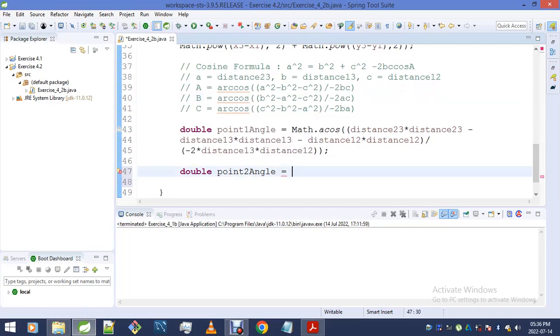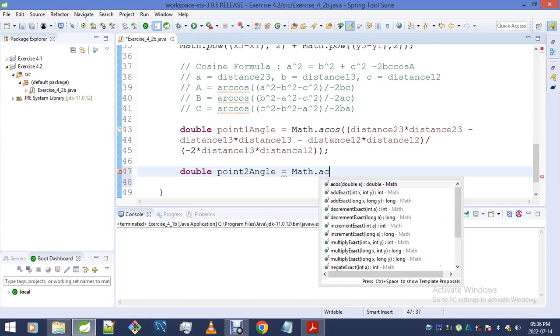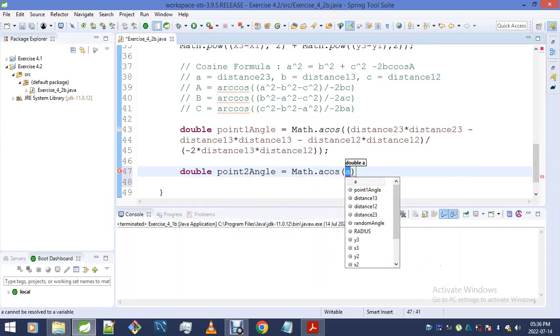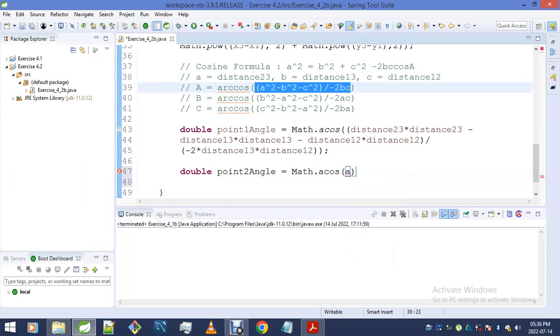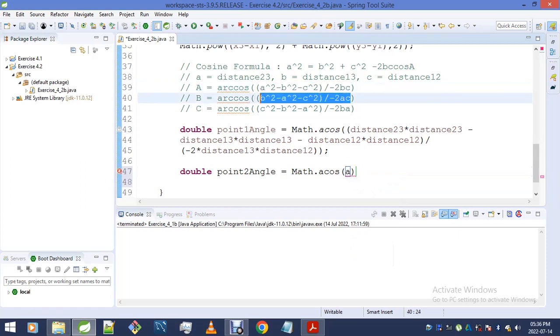The very first thing for me to do will be to go math.acos, and then I'll put the whole thing. Oops, not that one. The one at the bottom. I'm gonna put it right there in place of a.